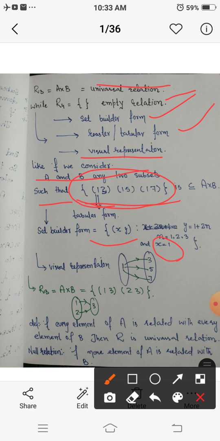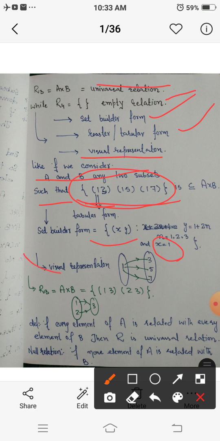Now y is 3, 5 and 7. So when we consider n equals 1, it is 1 plus 2 into 1, that is 3; 1 plus 2 into 2, that is 5; 1 plus 2 into 3, that is 7. So this is one way to express this very relation 1 3, 1 5, 1 7 in set builder form. There are a number of ways to express this in set builder form.